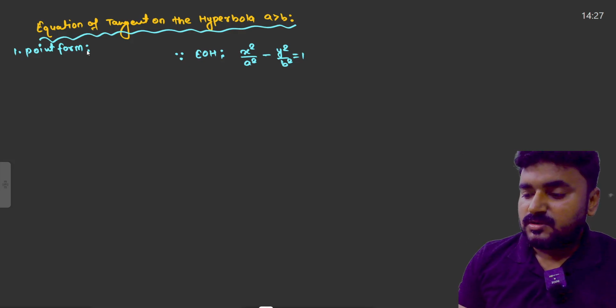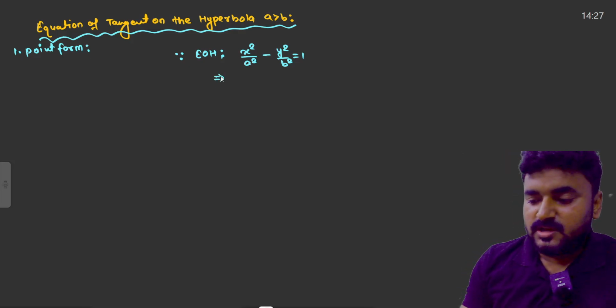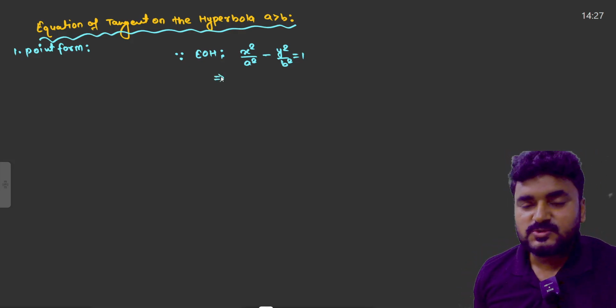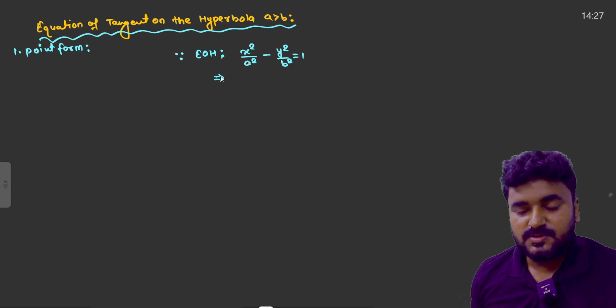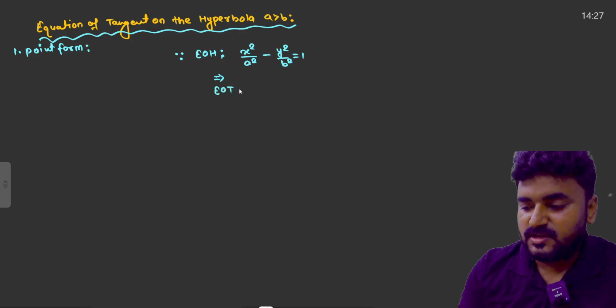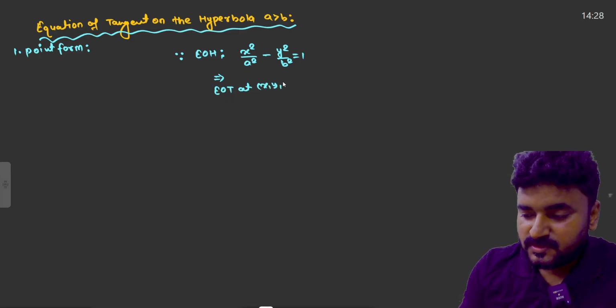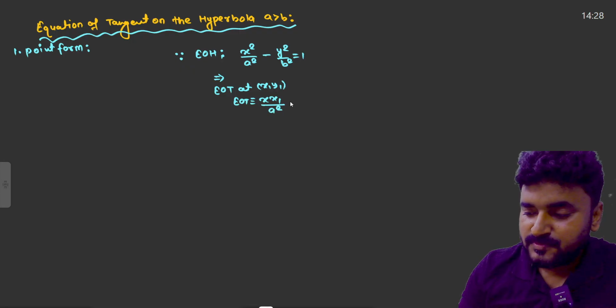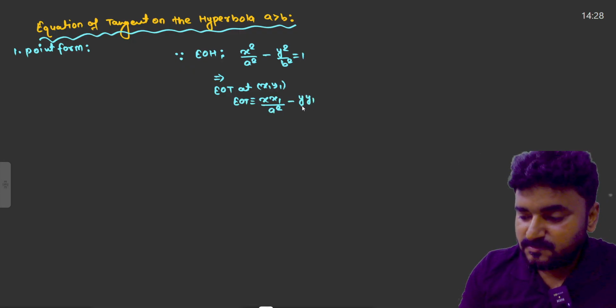So just watch, the equation of the hyperbola is written as x square by a square minus y square by b square equals 1. Here, if you want to find the equation of the tangent at (x1, y1), what I can write is, the equation of the tangent will be x x1 by a square minus y y1 by b square equals 1.